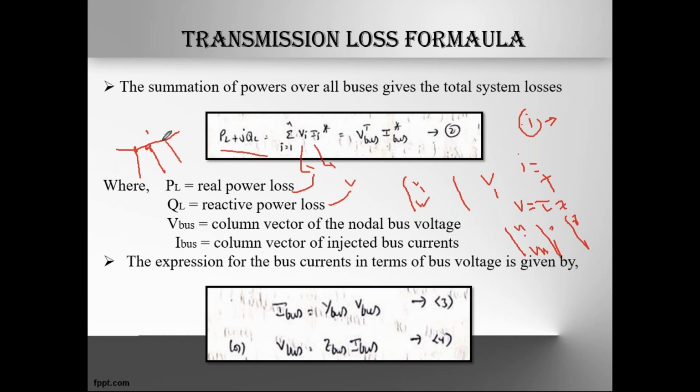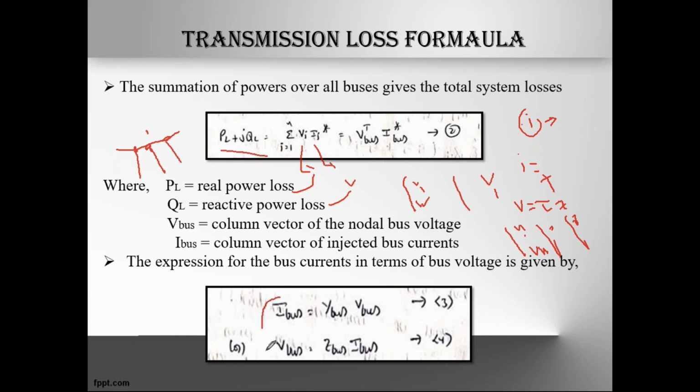That is the node, which is why it is called nodal voltage. I bus is a column vector of the injected bus currents. So these are the four parameters when we represent real power and reactive power in terms of voltage and current.